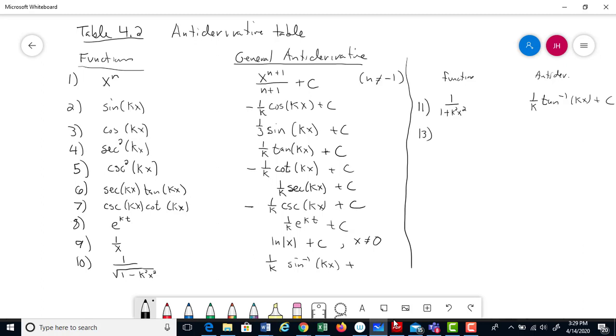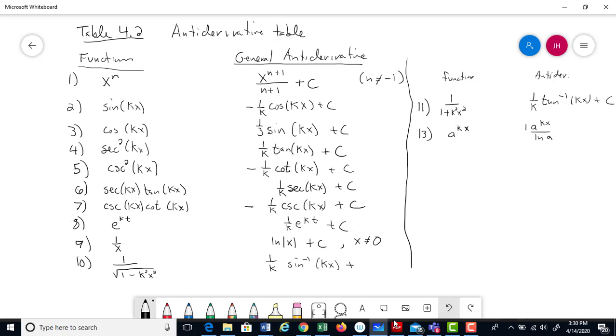So these are the ones I need you to memorize. A to the kx is going to be equal to a to the kx all over the natural log of a, plus c. Oh, times 1 over k.